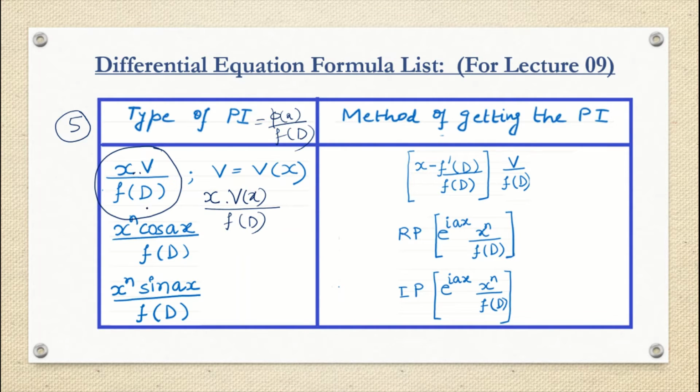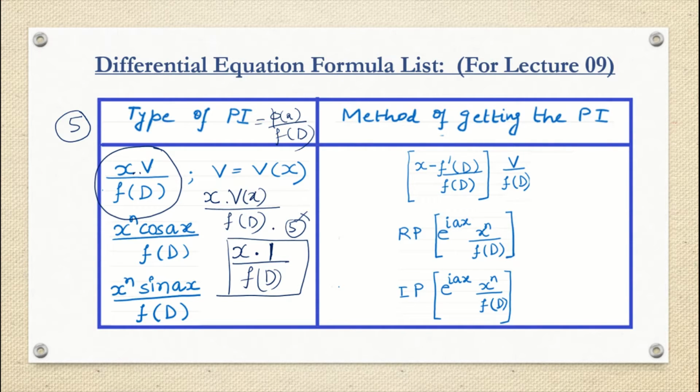Again, what all things should be present in V of x? The same way as we had discussed in the last class, can I say that x into 1 divided by f(D) is my type 5? Because this is x into something divided by f(D). But this is not my type 5. Why? Because 1 is not with respect to x, right?